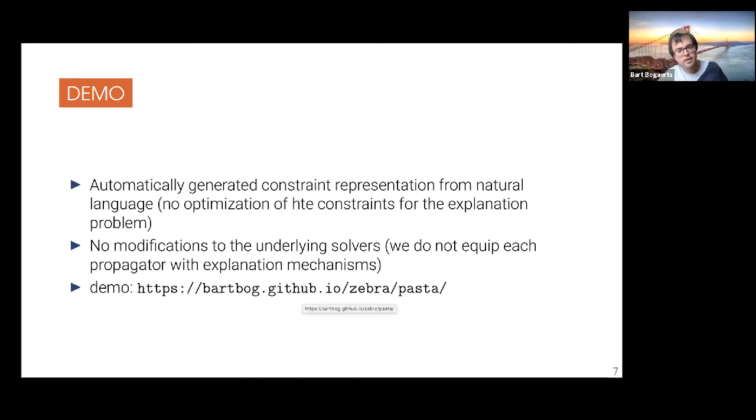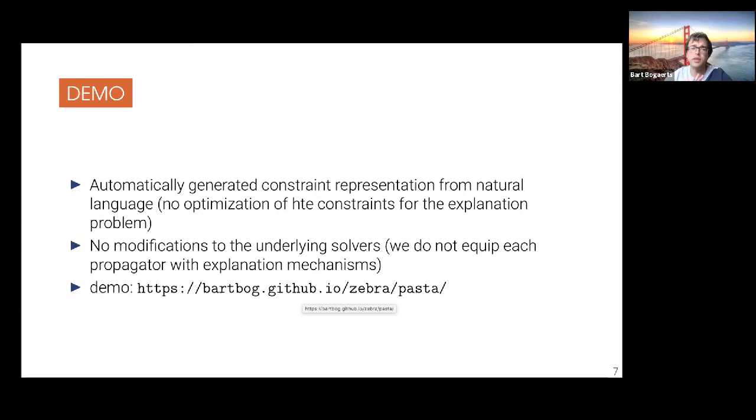I think that if you rewrite these constraints with a focus on being explainable, then you could get something that propagates very well and in which a very weak propagation mechanism could probably already bring you very far in the explanations. But we don't do that. So we just say, let's take the constraints for granted as the natural language tools gave them to us, and let's work with that, and use them as a black box, basically. All we know is that we have some constraint representing a certain natural language sentence.